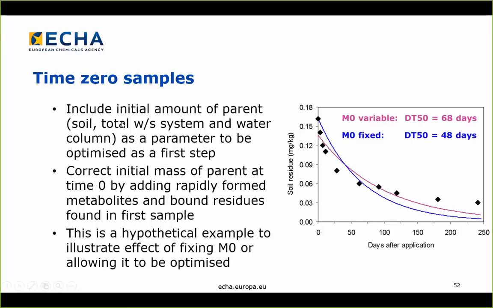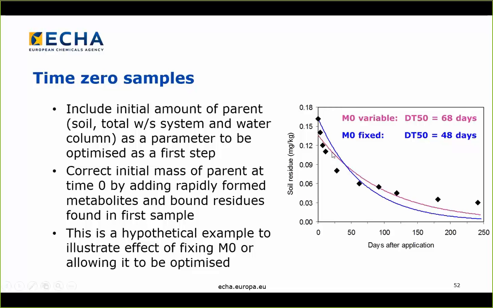So in this example, the soil residue is about 0.16, that's the measured value, while when it was optimizing, it got about 0.13.